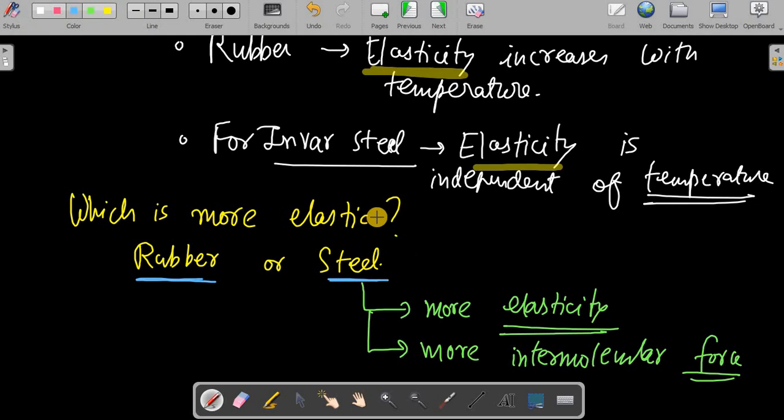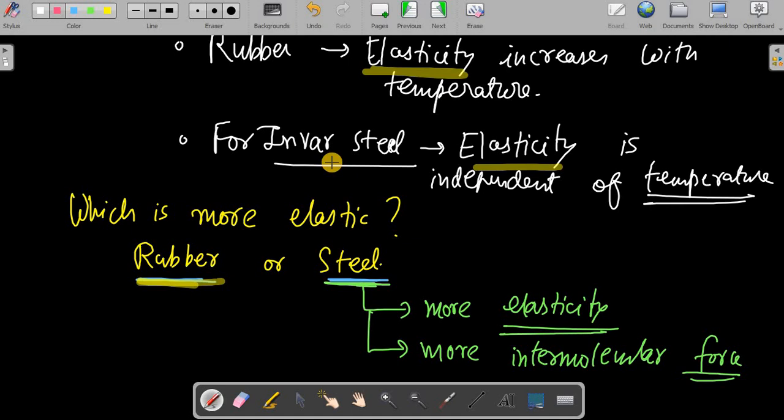Okay, it's very hard, right? Rubber is very soft. Rubber doesn't have that much, because if you apply forces you can deform it easily. Rubber you can deform easily because it has more plastic behavior. Basically it has elastomer kind of properties, but steel has a very high elasticity because its intermolecular forces are very strong. You cannot easily deform it. We are applying force, but internal forces are balancing, and as soon as you remove it, it is immediately able to come back.